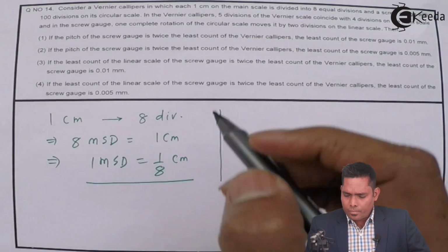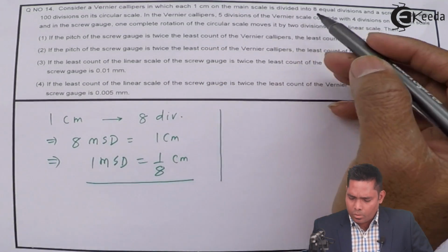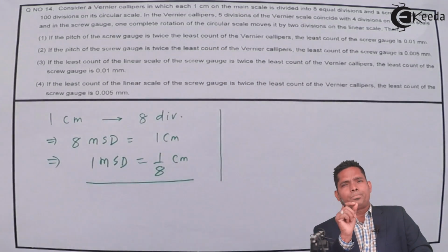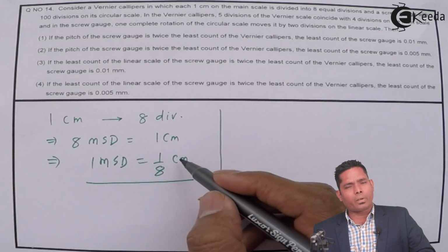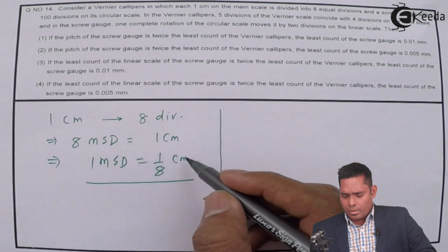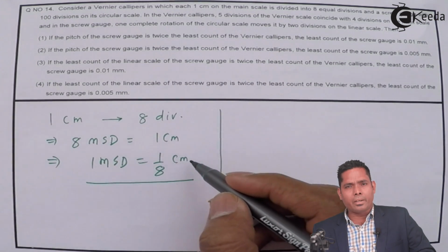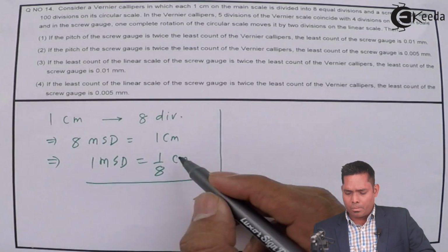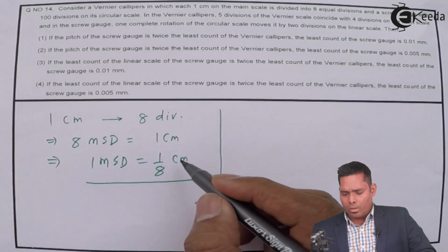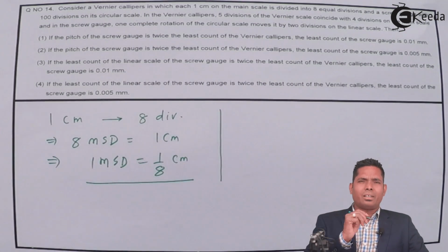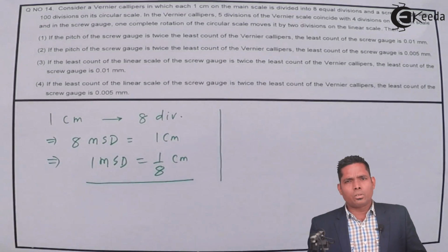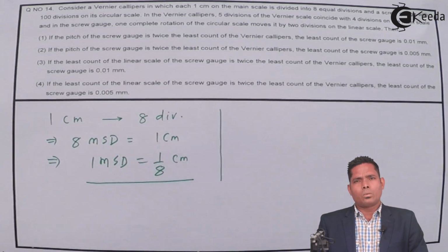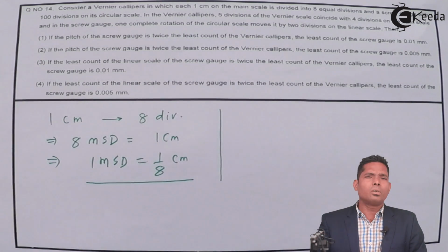In terms of mm, this is 10 by 8 mm. In the earlier general scale, 1 main scale division is 1 mm, that is the distance between 2 successive divisions.